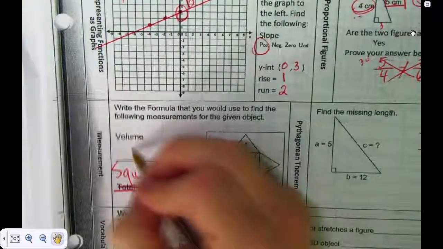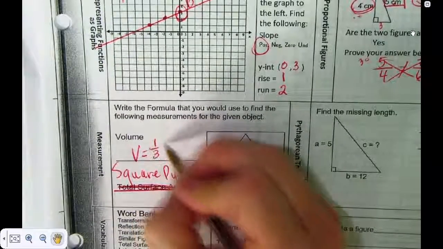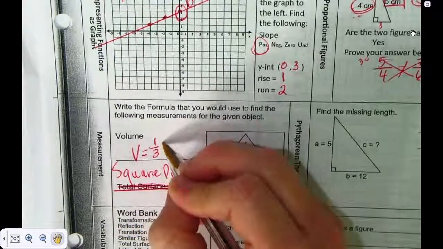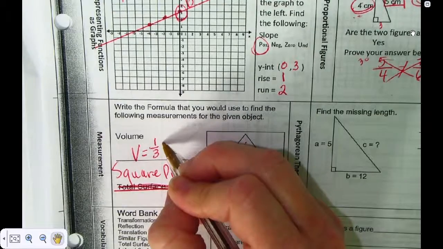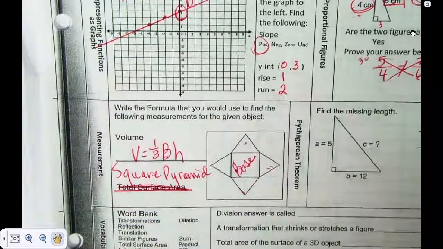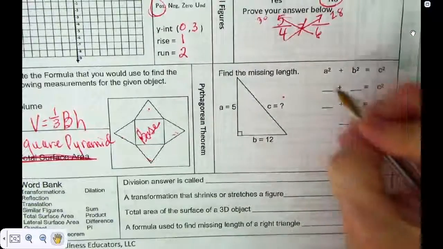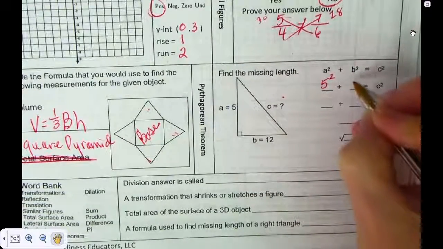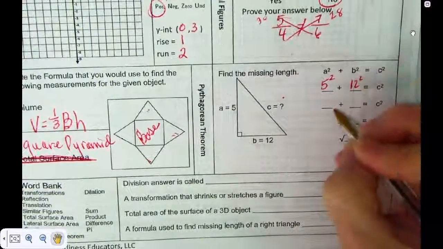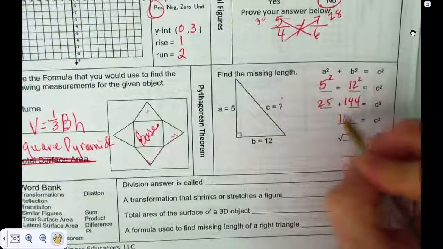So what is the volume? Or how do I get the volume? 1/3. I know, but what's the capital B stand for? Area of the base times the height. Awesome. Okay, right here, who knows what c is before doing the theorem? 5 squared plus 12 squared equals 25 plus 144, 169.